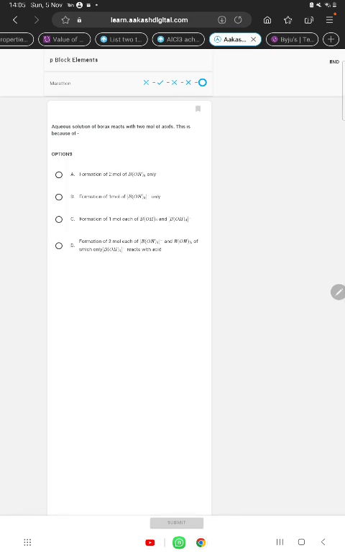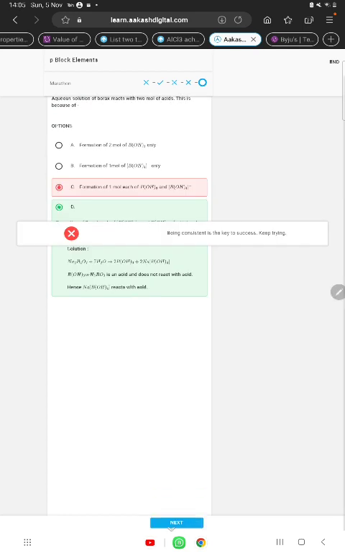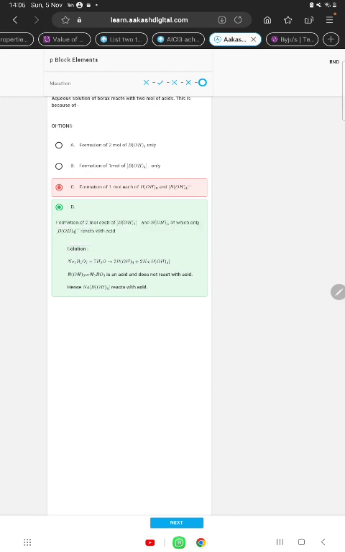A solution of borax reacts with 2 moles of acid. This is because of formation of 2 moles of B(OH)3 and B(OH)4-, of which only B(OH)4- reacts with acid.